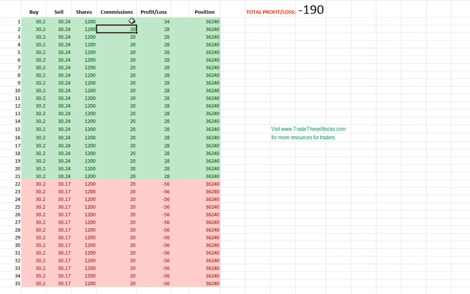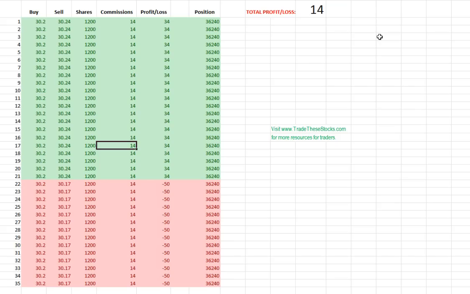So just by changing the commissions to be $6 cheaper, they are all of a sudden turning positive. And again, this is only on 35 trades. So imagine if you had 70 trades, if you had 100 trades. So the larger the number of trades, the bigger this change is going to be. So all of a sudden we turn positive.